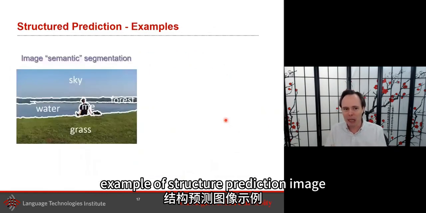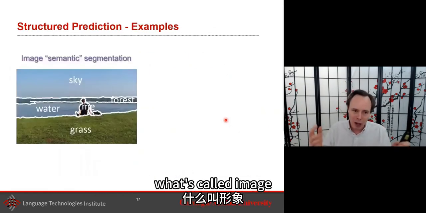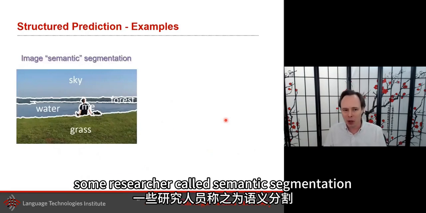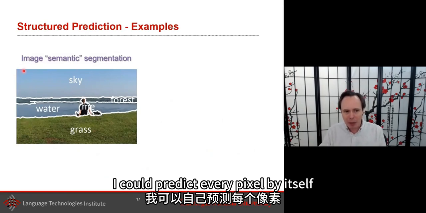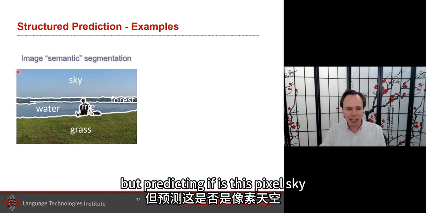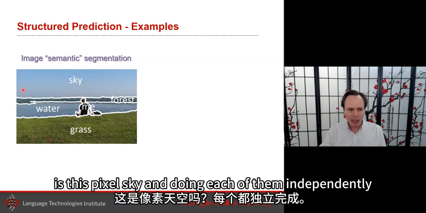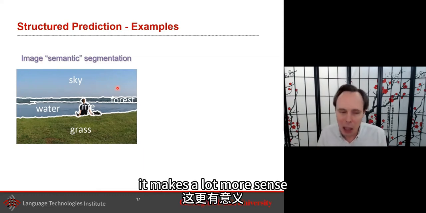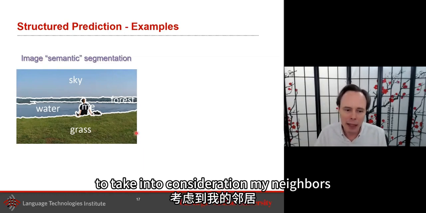Example of structure prediction: what some researchers call semantic segmentation. I could predict every pixel by itself, but predicting whether this pixel is sky, and doing each of them independently, does not make sense. It makes a lot more sense to take into consideration my neighbors.